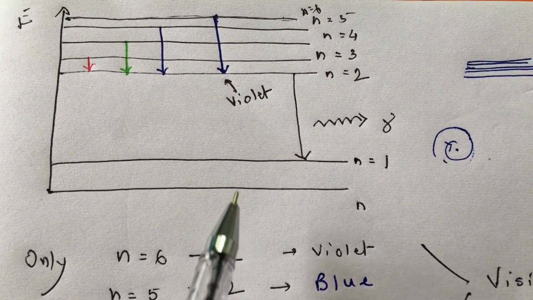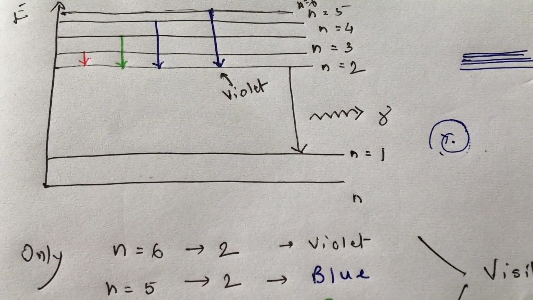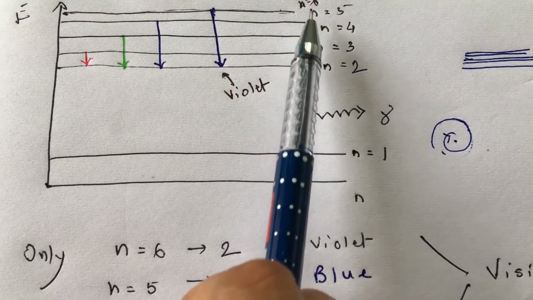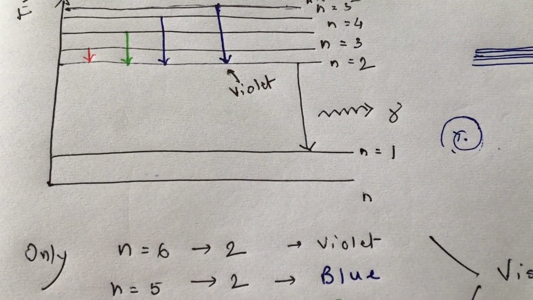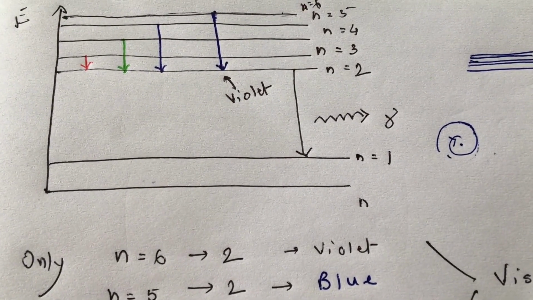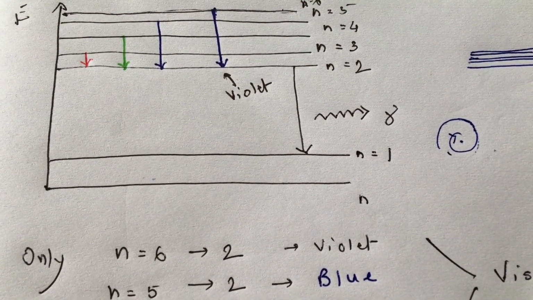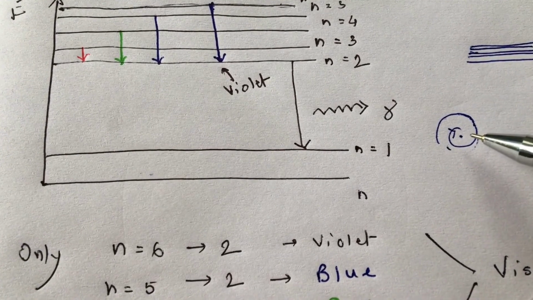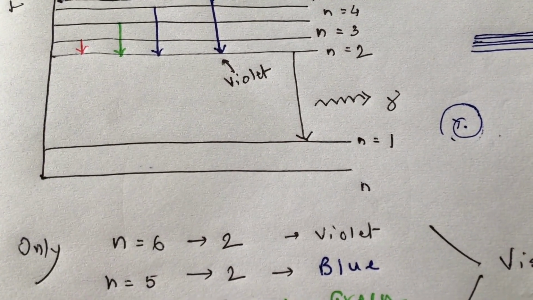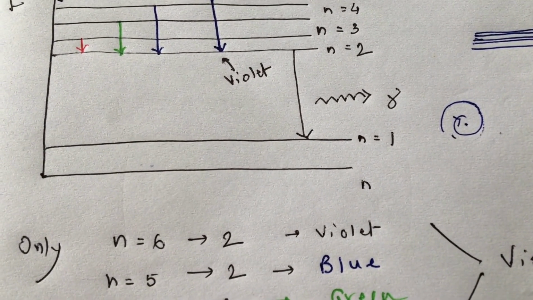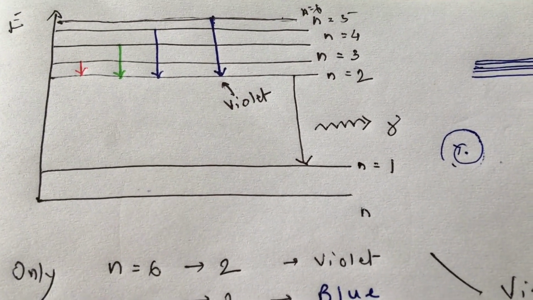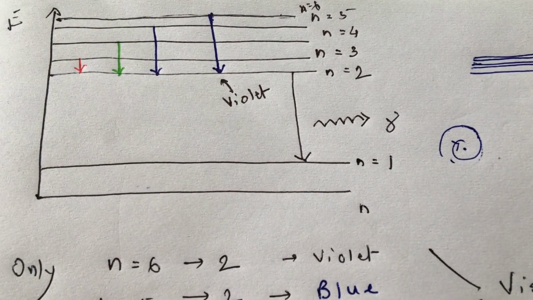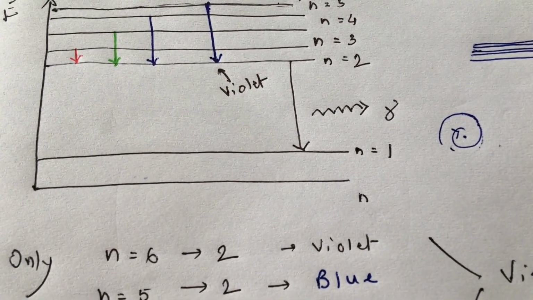But here we can see we only have definite energy levels. So this spectrum is an experimental fact that electrons are not spiraling inside the atom, and they reside only in particular, discrete energy levels with a definite value of energy.